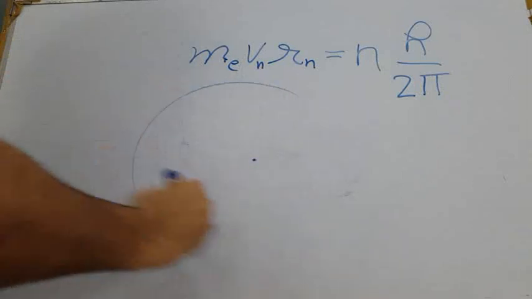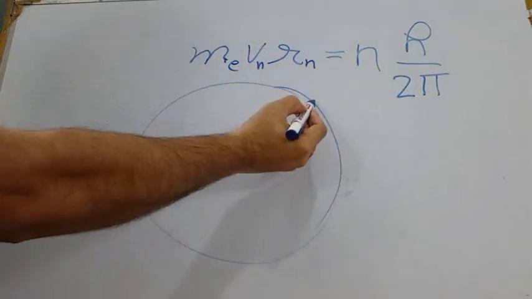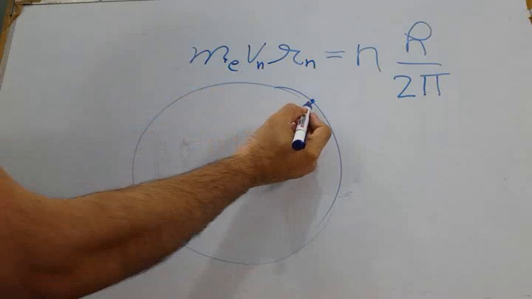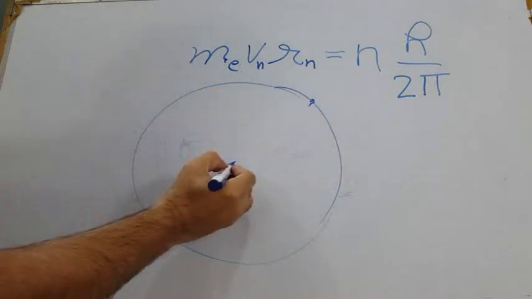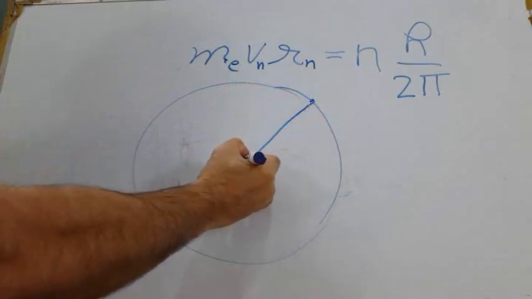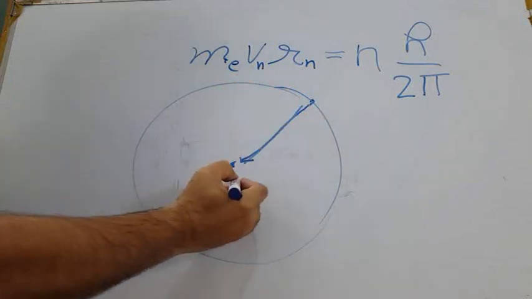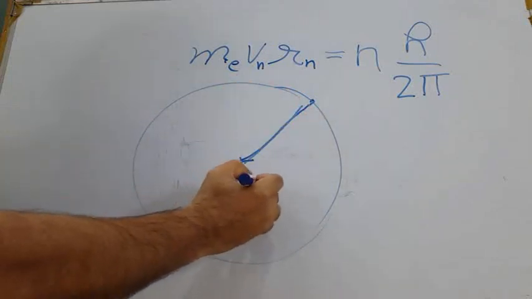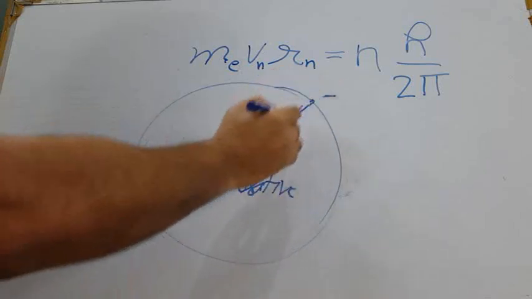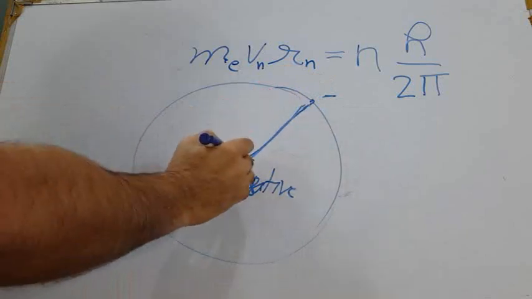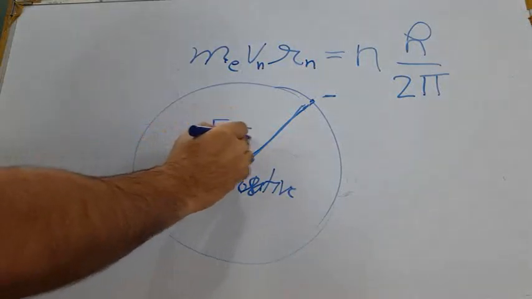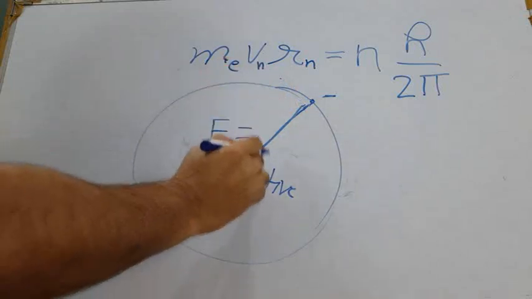We know that the electron would go round in an orbit where the Coulombic attraction between the positively charged nucleus, this is positively charged, this is negatively charged, Coulombic force of attraction is there, means this Coulombic attraction must be equal to the centrifugal force.